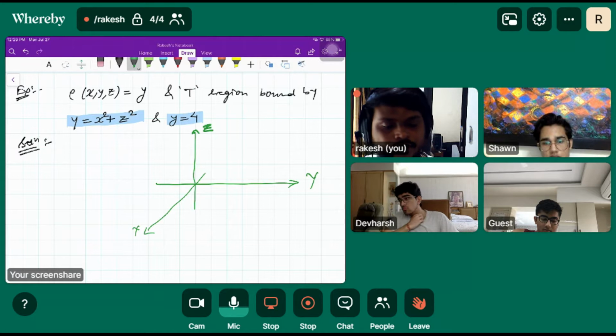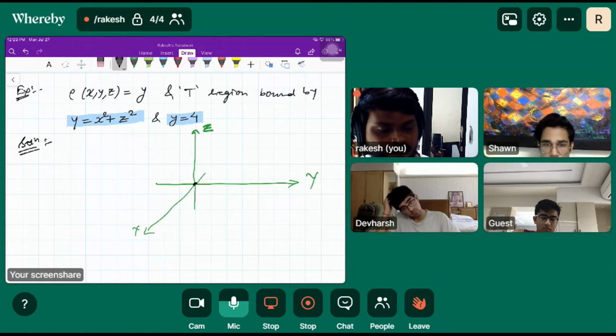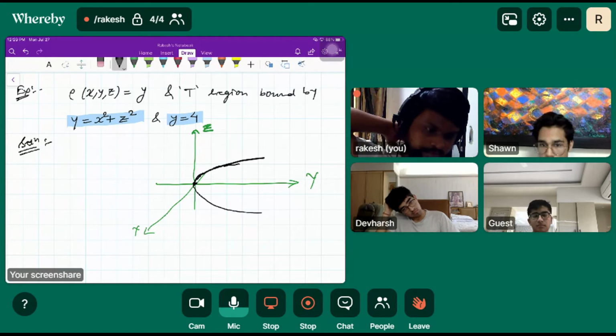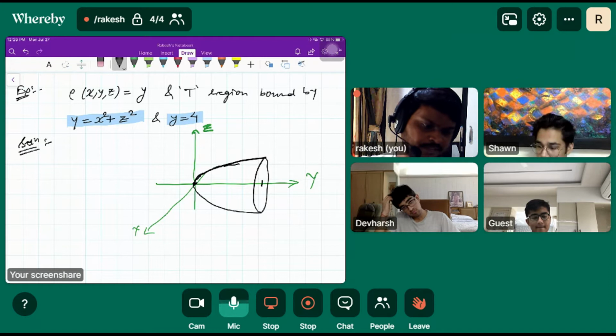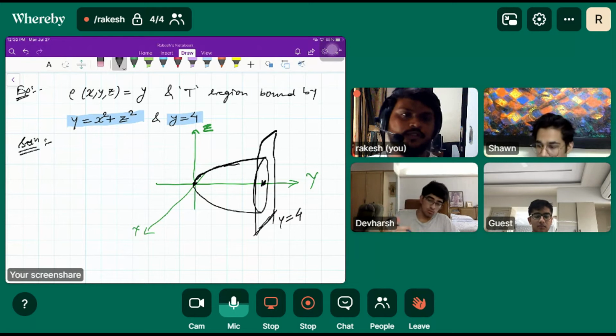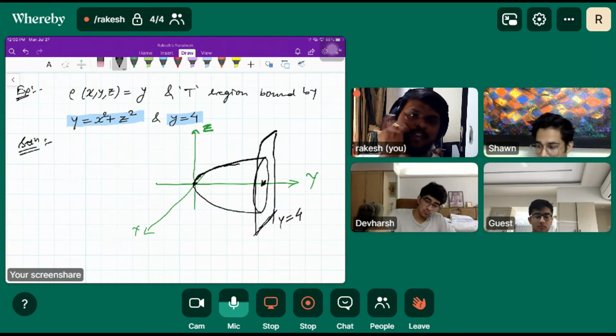Our paraboloid is like this along the y direction, and the plane y is equal to 4 cuts that paraboloid at y is equal to 4.